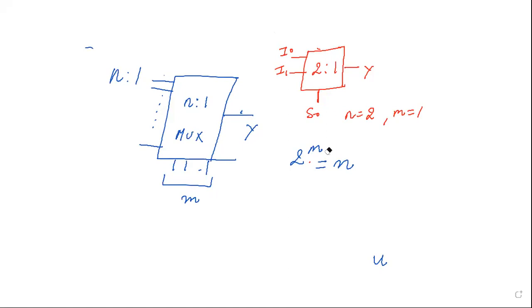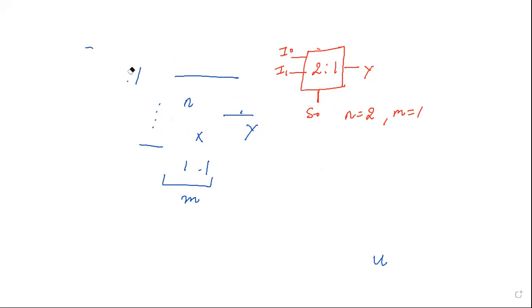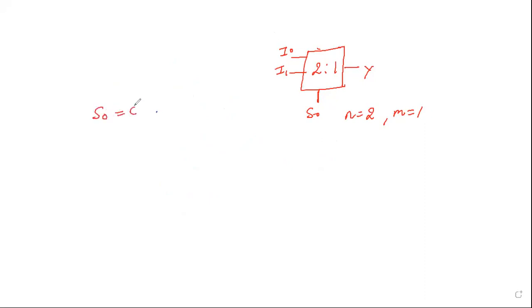Now what is the combinational logic which is going to drive this? Let's get to that. For that, we try to understand it from the functional point of view. When S0 is equal to 0, Y is equal to I0.